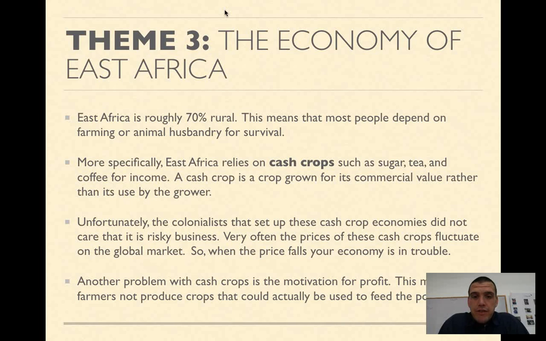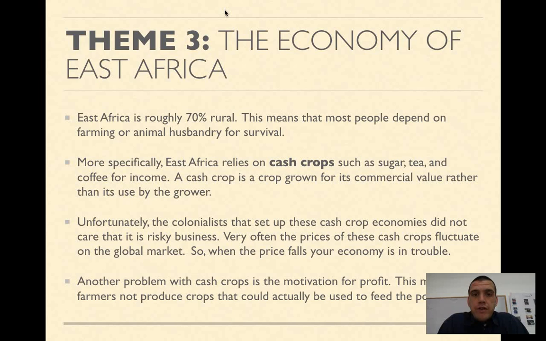So you would grow this crop and export it to outside markets. And this is strictly a result of colonialism. So the British came in and said, the climate here is suitable for growing tea. Tea is very popular on the international market. Guess what all the farmers here are going to do? They're going to grow tea, and we're going to take it and we're going to export it and we're going to make a lot of money.